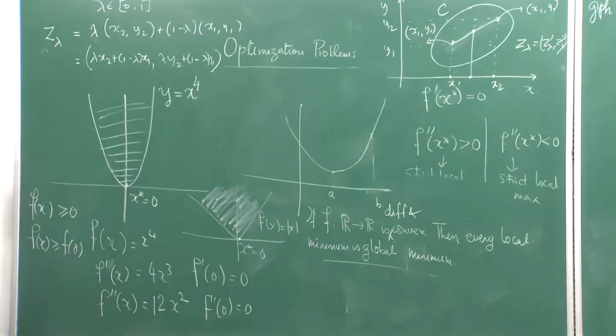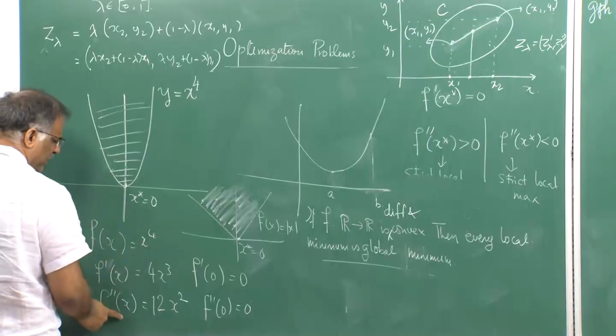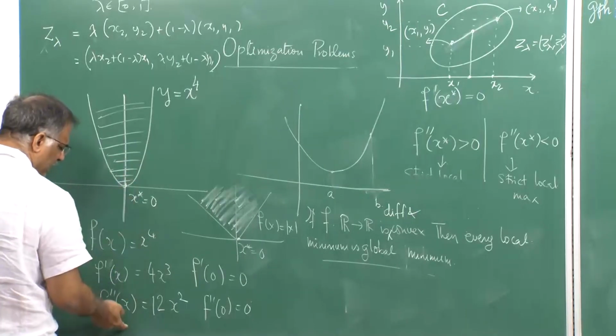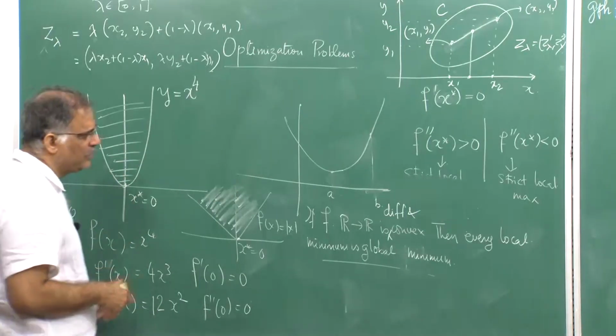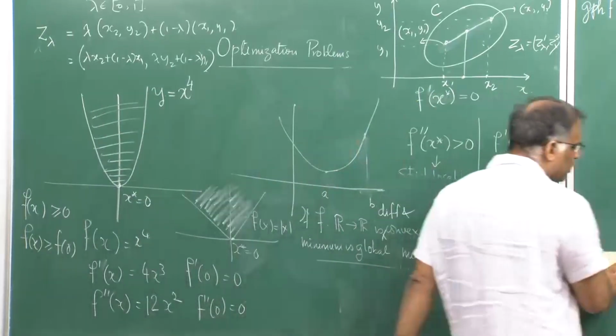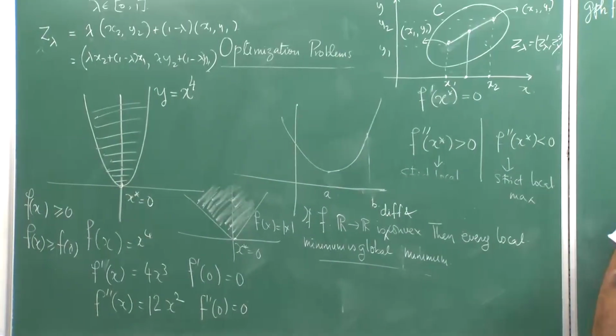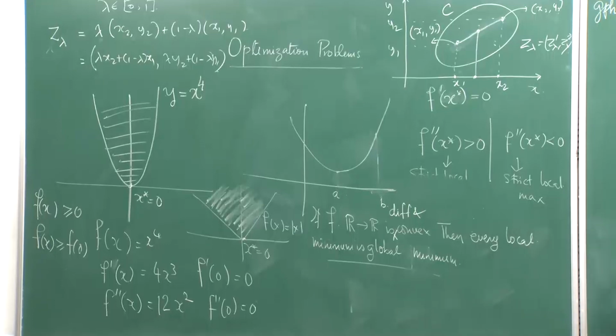The epigraph is a convex set. So, immediately you know it is a convex function. But how do you check the function is convex? Of course, you can draw the graph and do what I just told you.